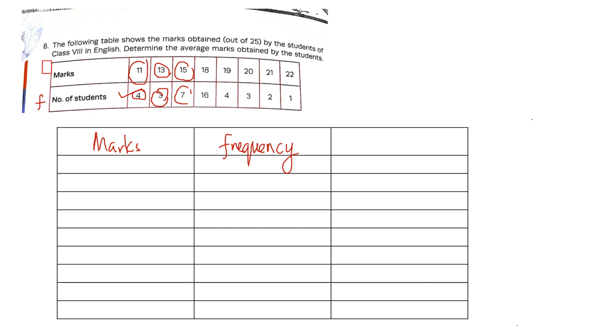Now the marks column, you will call it the midpoint, or that's basically kind of a class interval, because the marks column is telling you the data, like simply 11 marks. How many students got 11? And 15, how many students got 15?